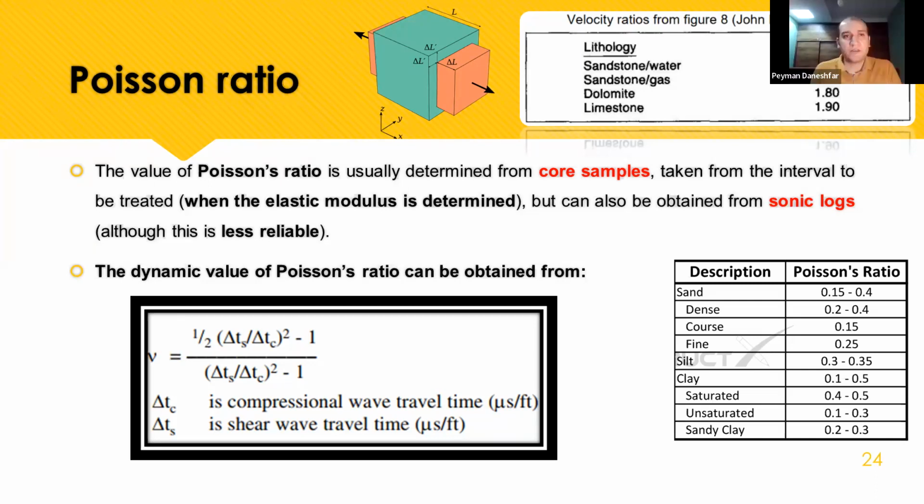In the next picture or table, you can find the Poisson ratio quantity for each type of sand: dense, coarse, fine, silty, clay, saturated, unsaturated. We use this parameter when we want to solve problems.